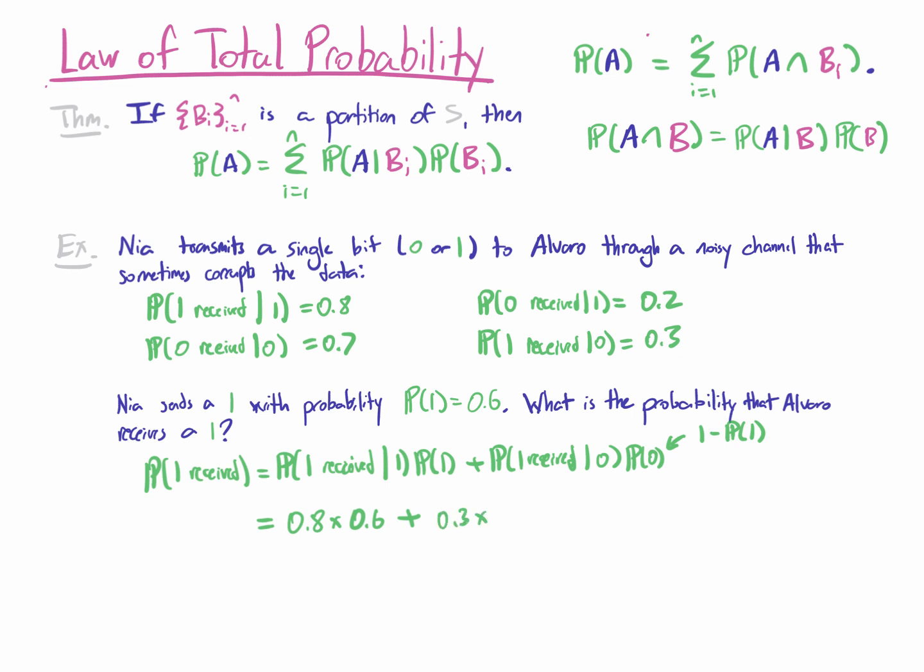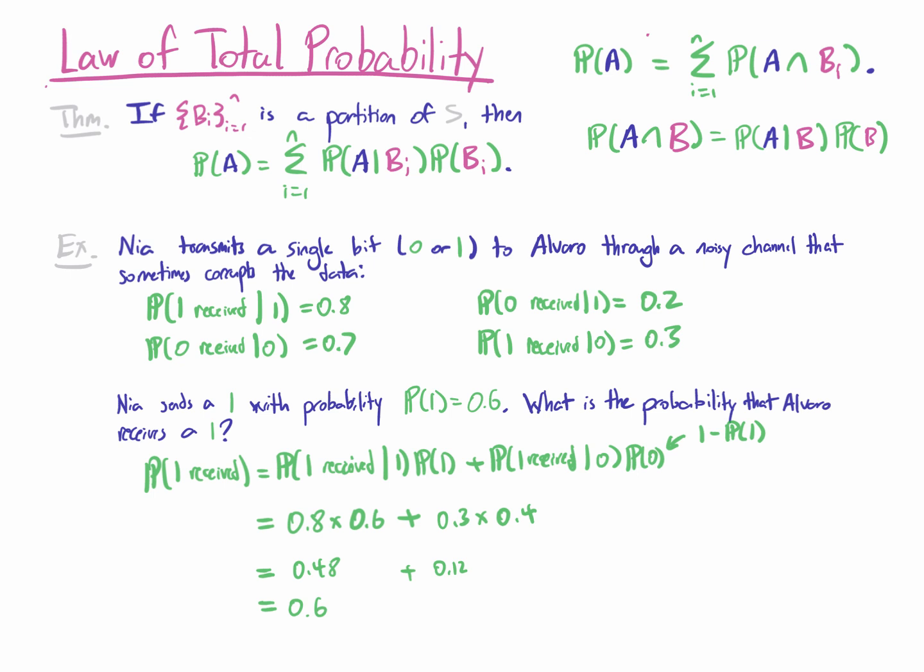And then the probability that Nia actually sent a 0 is 1 minus the probability that she sent a 1, which is 0.4. So now if we finish our calculation, 0.8 times 0.6 should be 0.48, and 0.3 times 0.4 should be 0.12, which equals 0.6.